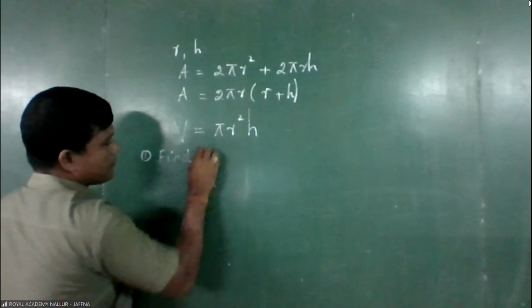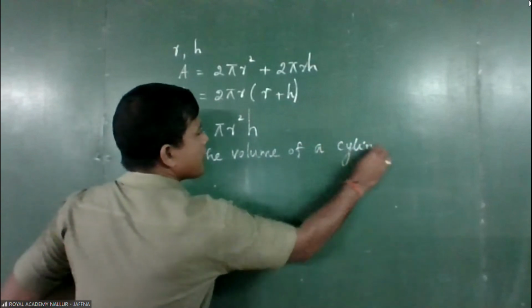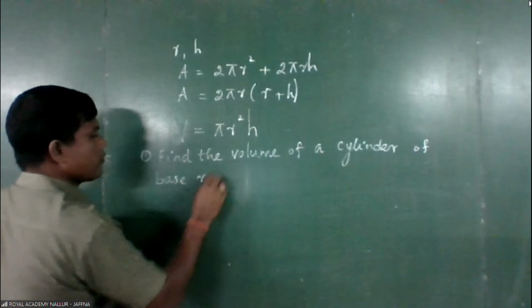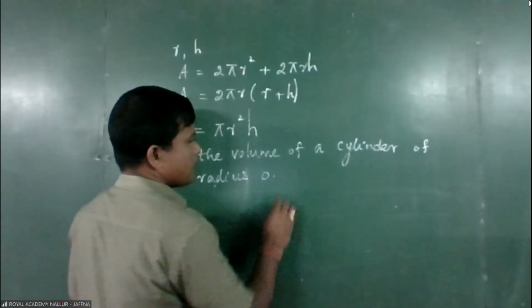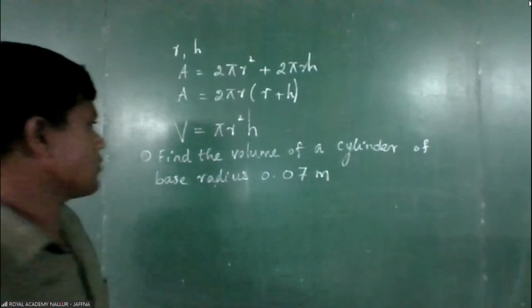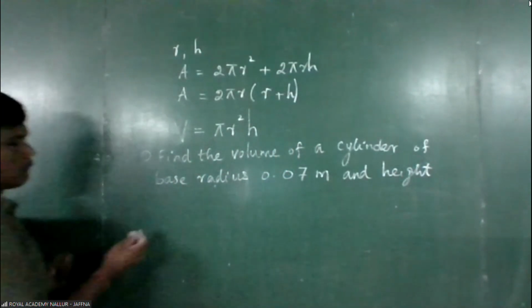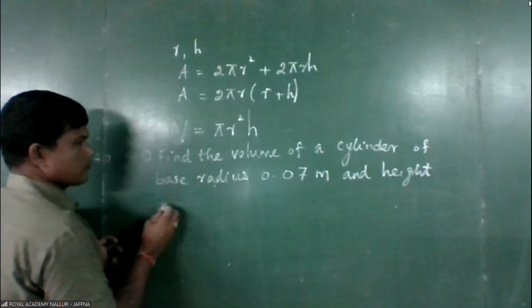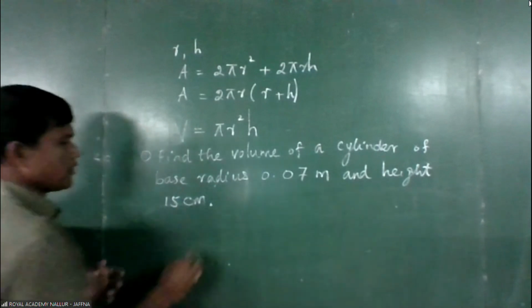Find the volume of a cylinder of base radius 0.07 meters, and height 15 centimeters.